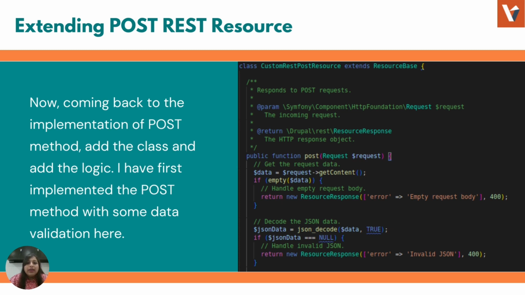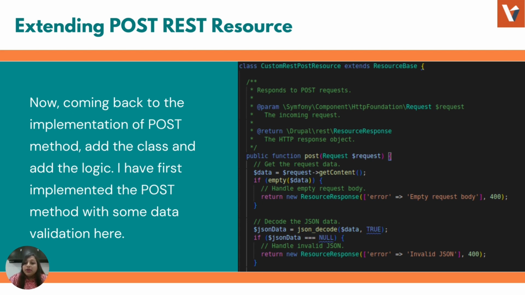If my data variable is empty, that means the user has given empty content. They have not given a title or body, so the node will not be created. It will give a ResourceResponse error, "Empty request body." That means the request consists of empty data, and it needs some information to create a node.